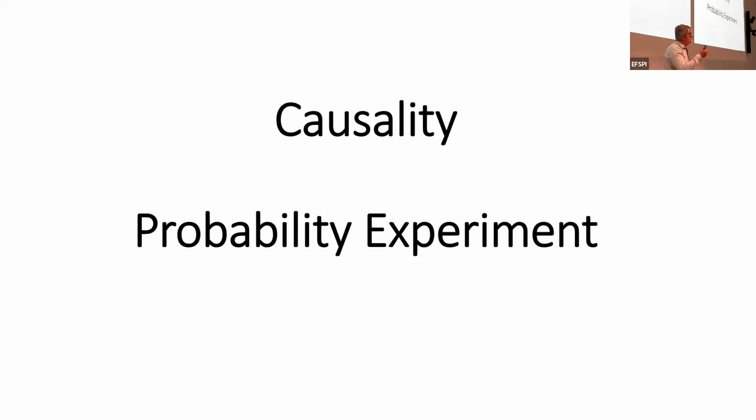That selection itself has probability features, or we model it as such. And then we add yet another layer to be able to do those comparisons, and that is the randomization, the attribution of a treatment. There you go. We are nearly there.